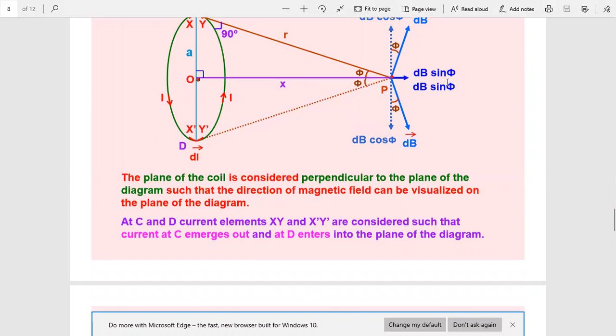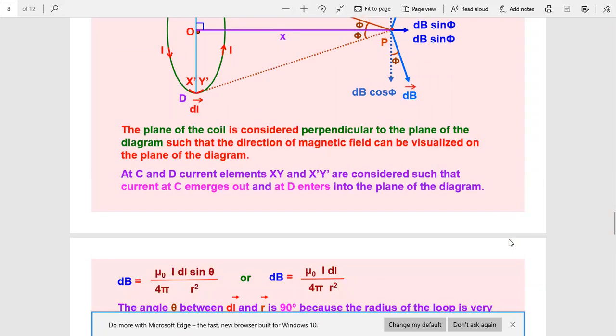The plane of the coil is considered perpendicular to the plane of the diagram. Okay, this is the diagram. Say the plane of the coil is perpendicular to the x-axis, such that the direction of the magnetic field can be visualized on the plane of the diagram. So at points C and D, current elements XY and X'Y' are considered such that the current at C emerges out and at D enters into the plane of the diagram.